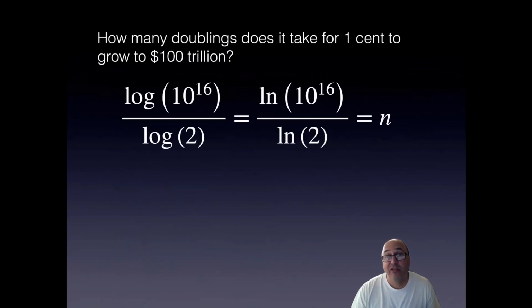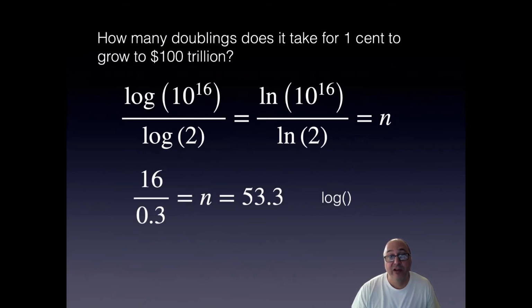Okay, so let's actually plug in some numbers. So this is a solution to the problem. Log of 10 to the 16 divided by log of 2 is n, or natural log of 10 to the 16 divided by natural log of 2 is n. So let's put some numbers in. If we're doing the log version, the log of 10 to the 16 is just 16, and the log of 2 is 0.3. If you divide them, you get 53.3 doublings, so about 53 doublings.